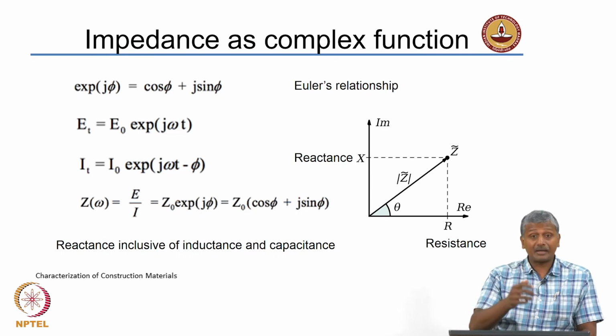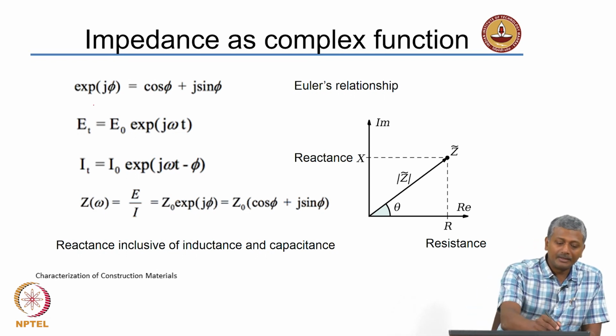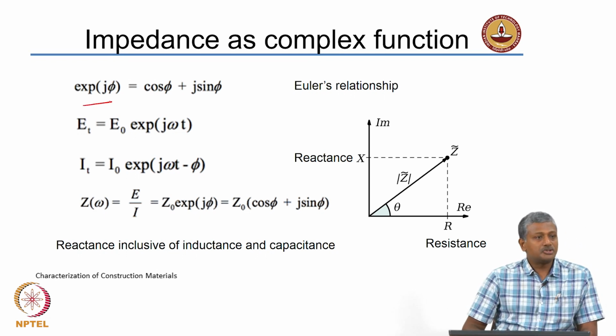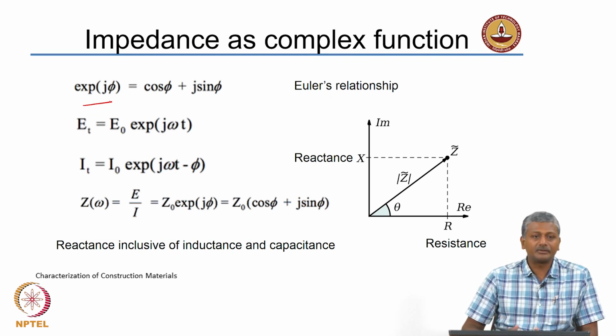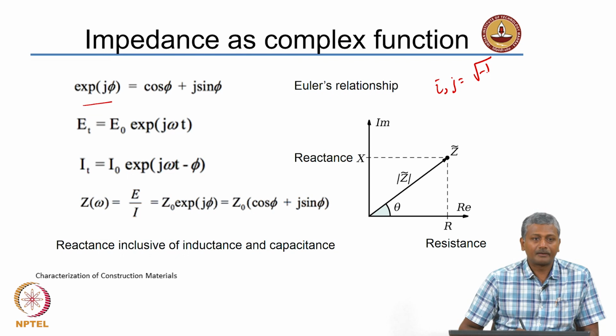So, impedance can also be represented on a complex plane by the use of these Euler relationships. You know that e power j phi, or j is also used interchangeably as i. The i or j is nothing but square root of minus 1, right. That is a factor that we use for representing on the complex plane.